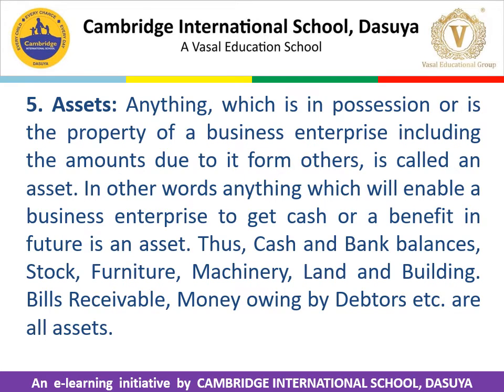In other words, anything which will enable a business enterprise to get cash or a benefit in the near future is an asset. Thus, cash and bank balances, stock lying with the business, furniture, machinery, land and building, bills receivable, money owing by debtors, etc., are all assets.